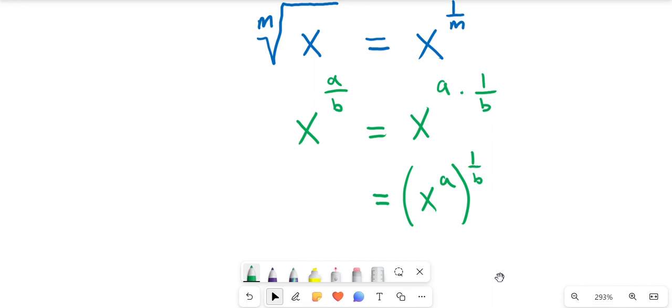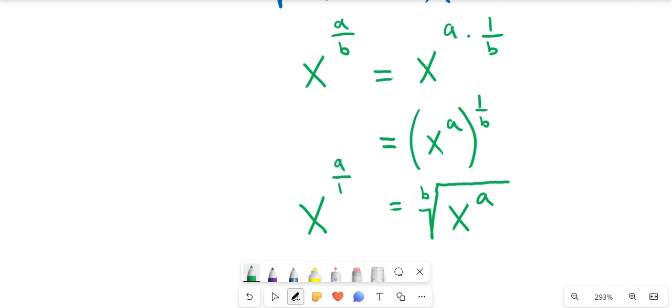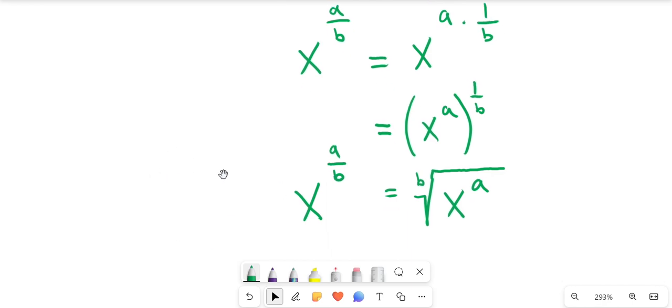The product of powers is a power to a power. And then that is exactly what we just talked about, 1 over a number, a whole number. That's what we meant by the bth root of x to the a. And so we have this rule that relates a over b as an exponent to the bth root of x to the a written as a radical.